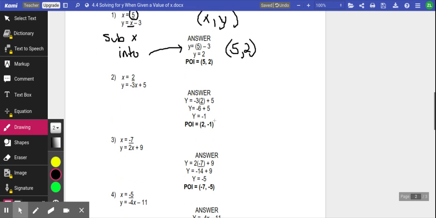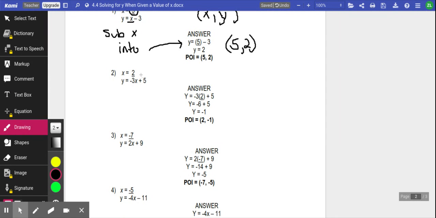So if we carry on again, we have the following. x equals 2, and we'd sub that into the x for this equation. So y equals negative 3 times 2 plus 5. Negative 3 times 2 being negative 6, plus 5, y equals negative 1.